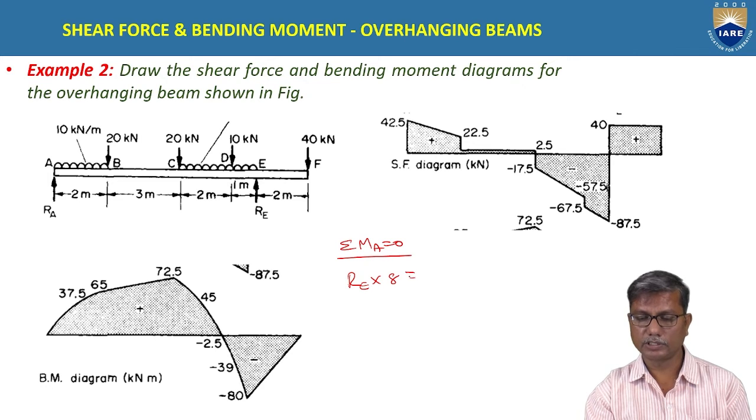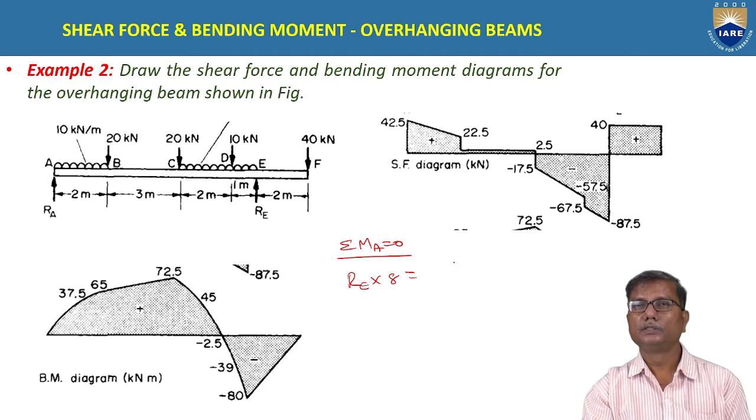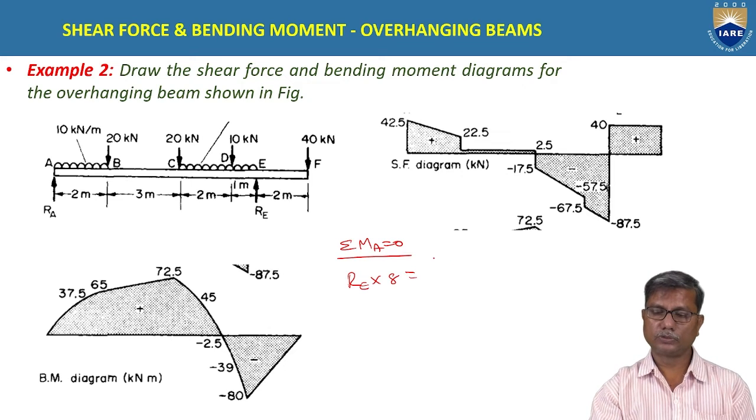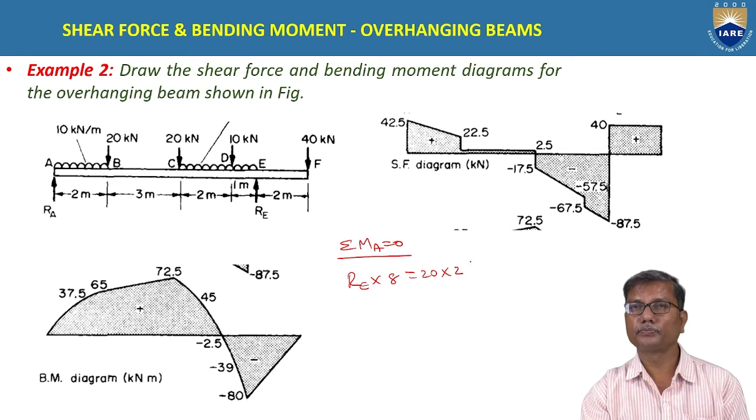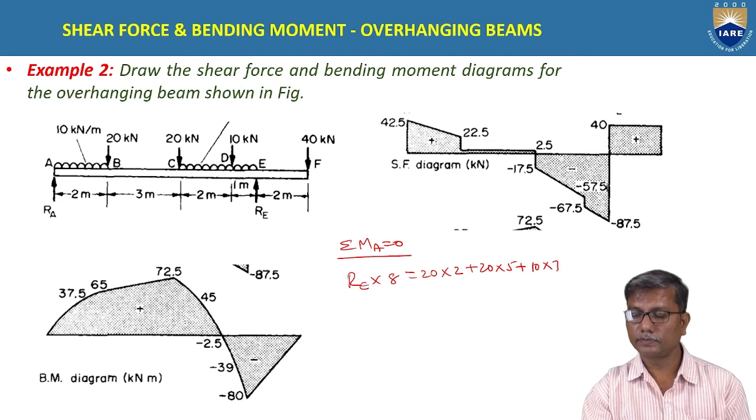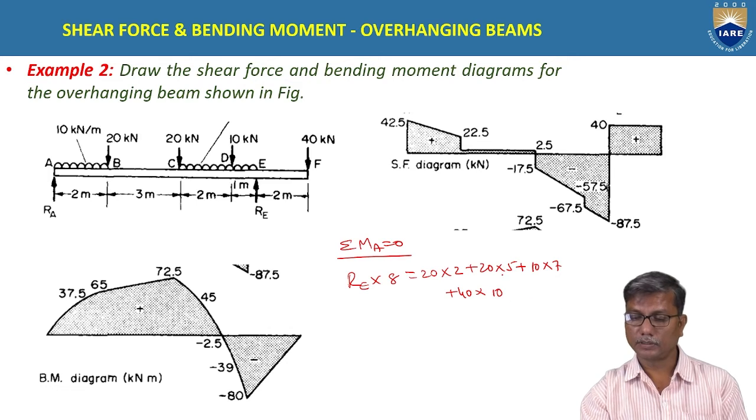RE into 8 is equal to the moments due to applied loads, which are all clockwise, so they are all taken on the right hand side. Due to point loads, the moment is 20 into 2 plus 20 into 5 plus 10 into 7 plus 40 into 10.